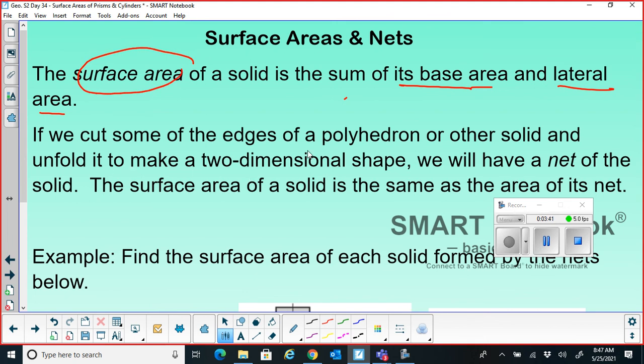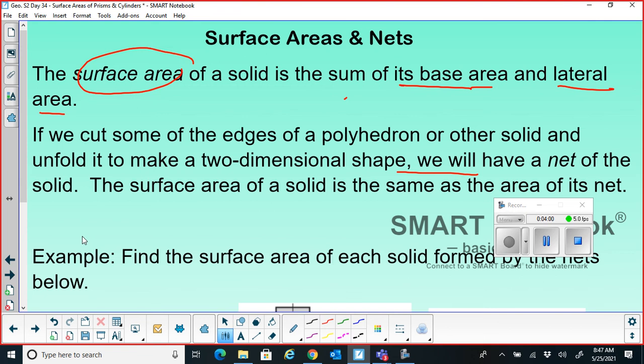If we cut some of the edges of a polyhedron or other solid and unfold it to make a two-dimensional shape, we will have a net of the solid. The surface area of a solid is the same as the area of its net. Whenever we have a polyhedron, it's three-dimensional.